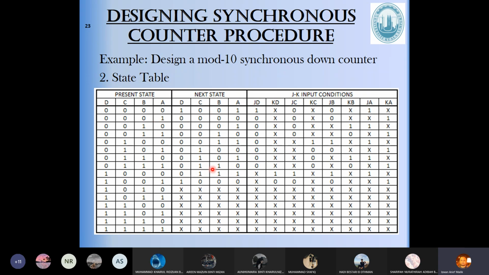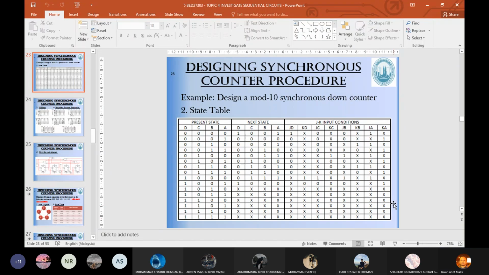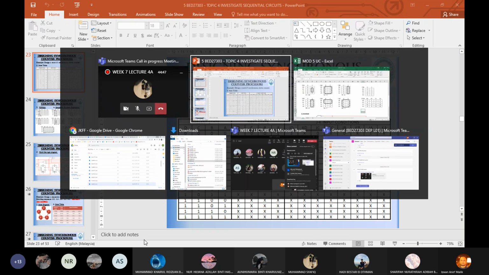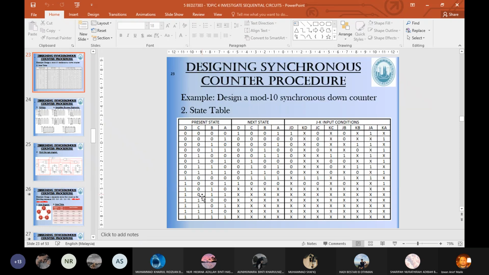Hanya next state sahaja you tengok daripada diagram. Okay.